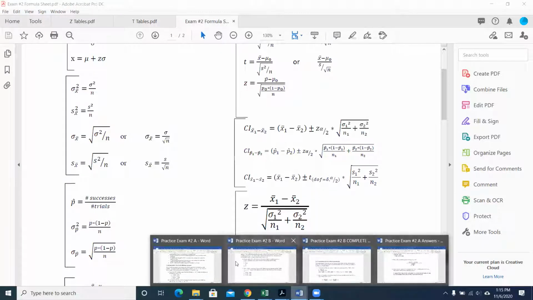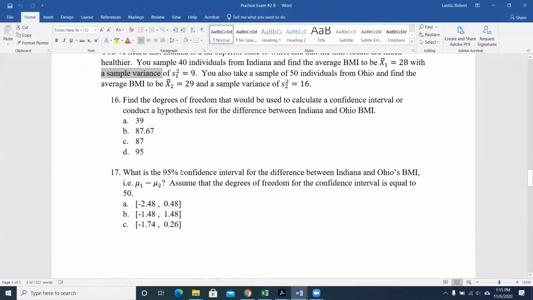So we go back. We want the 95% confidence interval, so our alpha is 0.05. Our assumed degrees of freedom that we're given is 50. I want 0.05 divided by 2 on either side of my confidence interval, so 0.025.